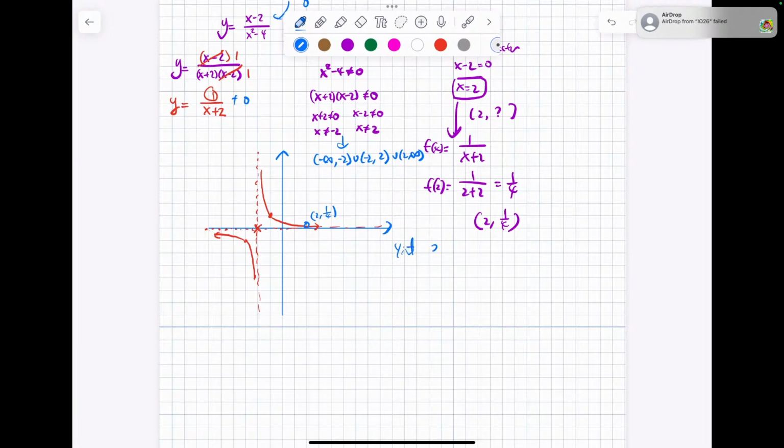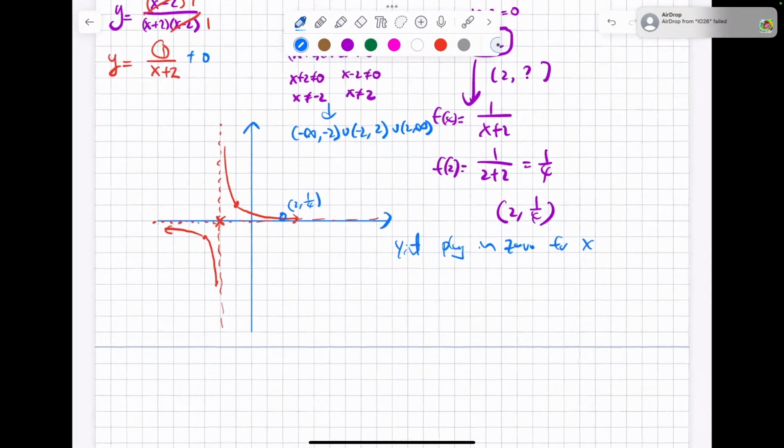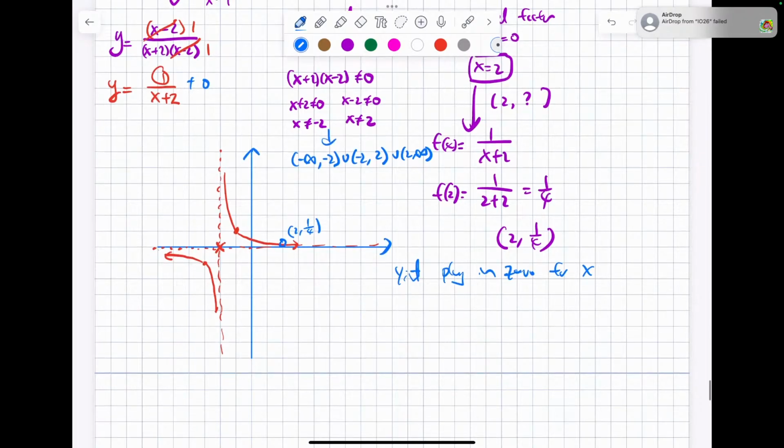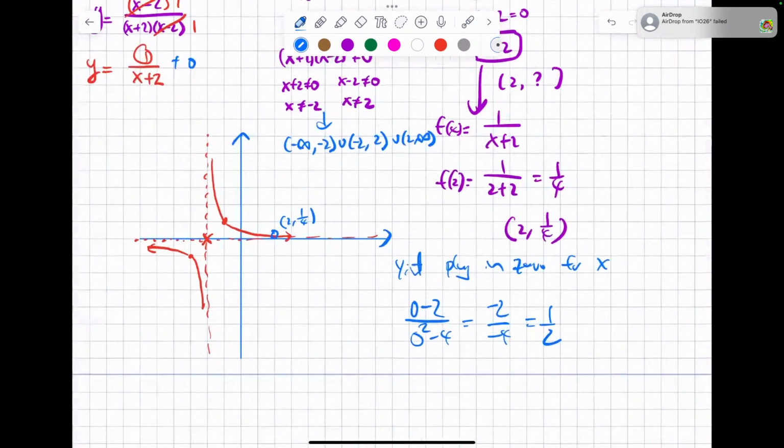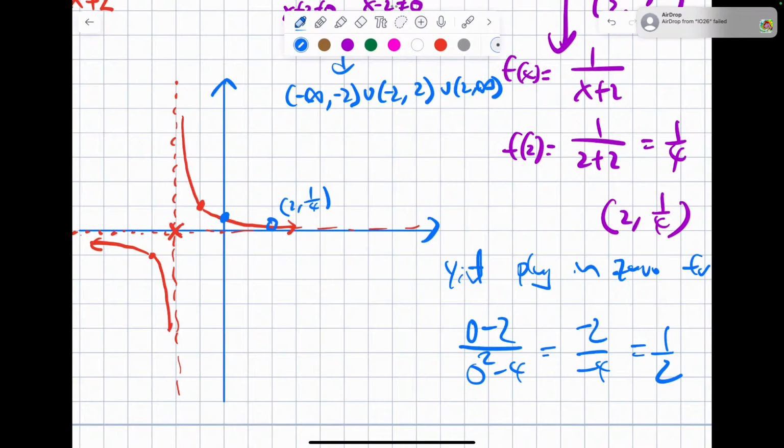Y-intercept is plug in 0 for x, right? If you plug into the original function, it's gonna be 0 minus 2 over 0 squared minus 4. So that's gonna be -2 over -4. That's equal to 1/2. So we know at this point it's also (0, 1/2).